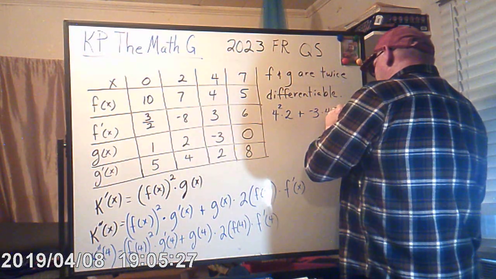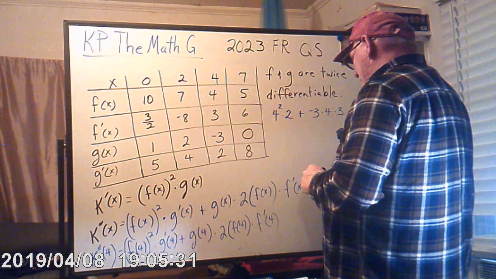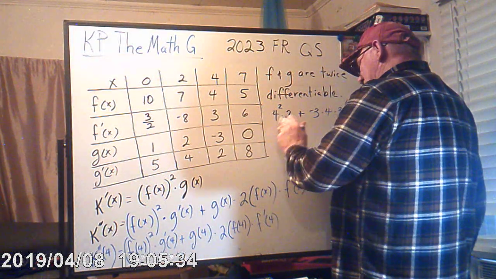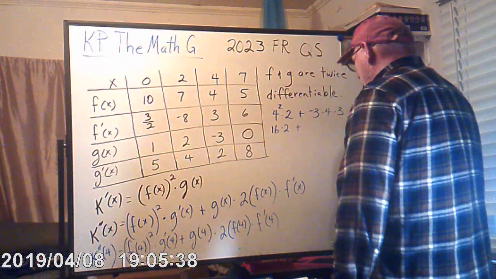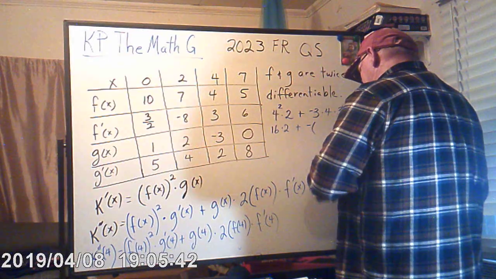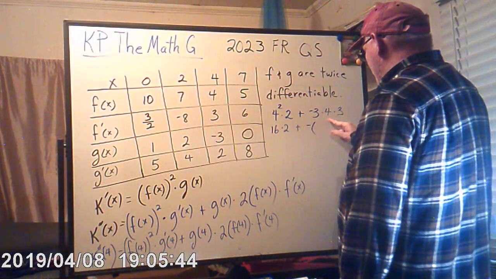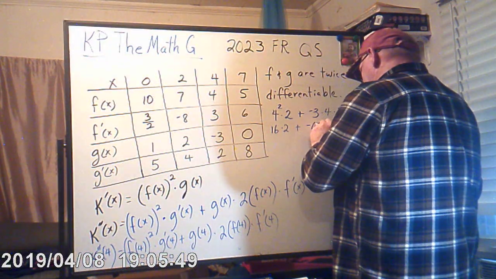So times 3. Alright, let's see what we got here. 4 squared is 16. 16 times 2. 3 times 4 is 12, but this is a negative sign. 12 times 3 is 36, isn't it? 36.